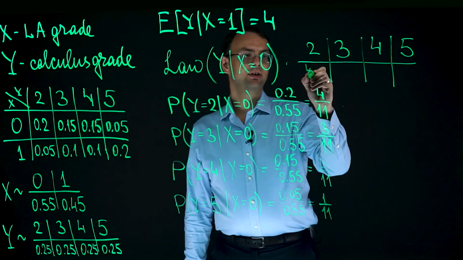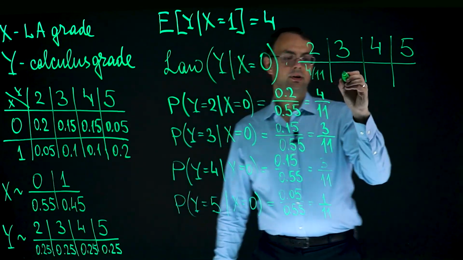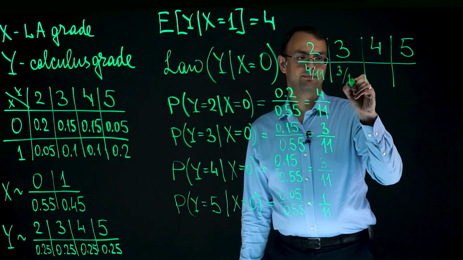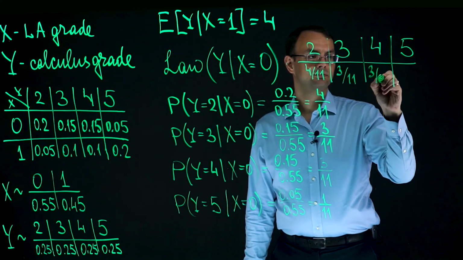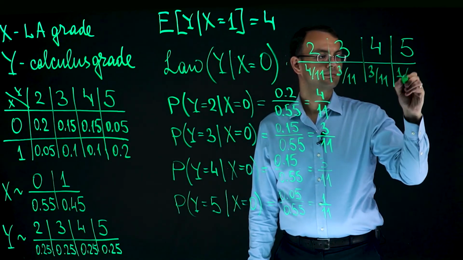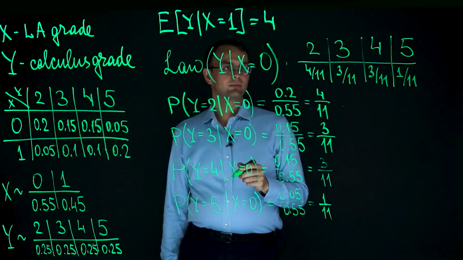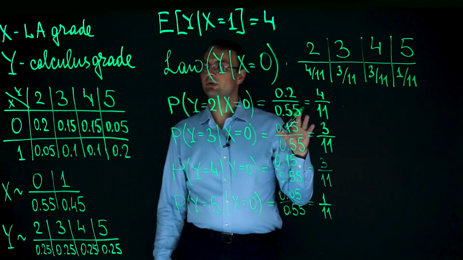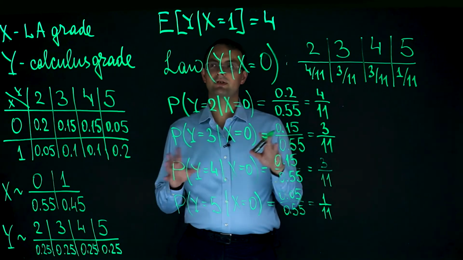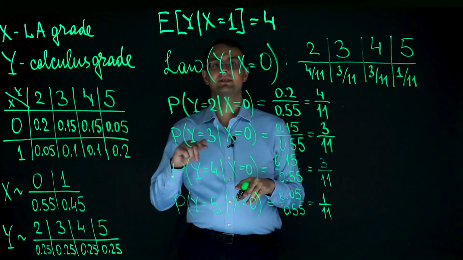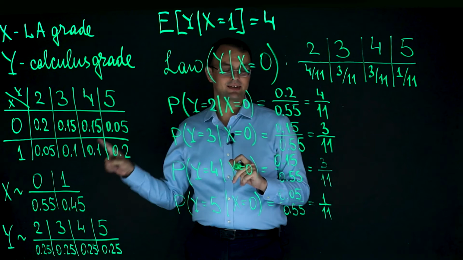So here are our probabilities. So this is the distribution of a calculus grade of a random student that did not pass the linear algebra test.